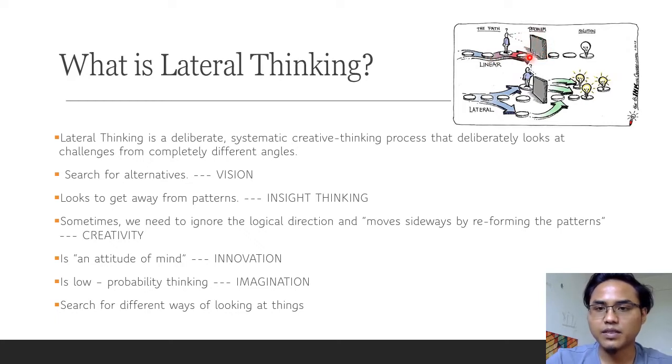So the problem we must settle by using lateral thinking, which is, we can go to the left or the right. So it's not only for going forward. We can also climb over the wall to solve the problem.